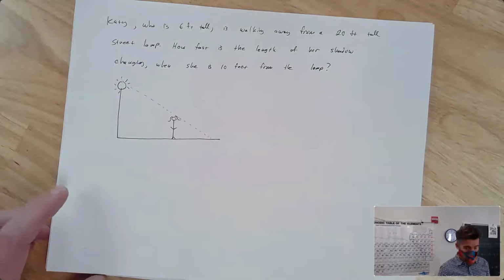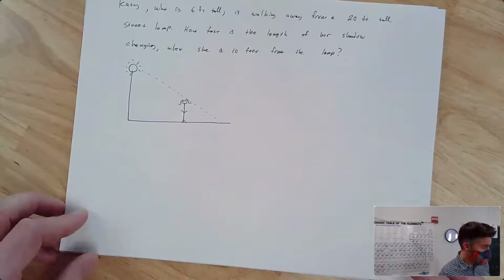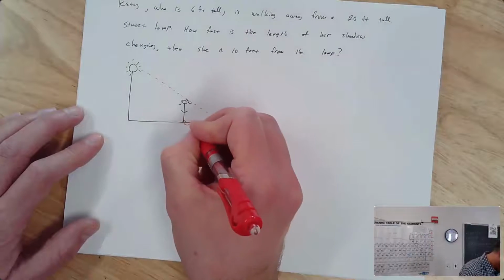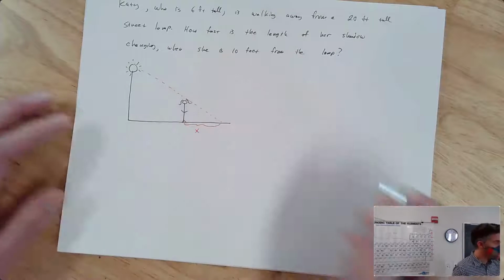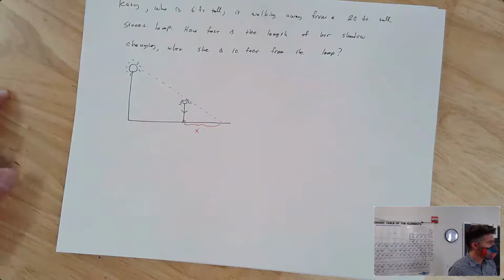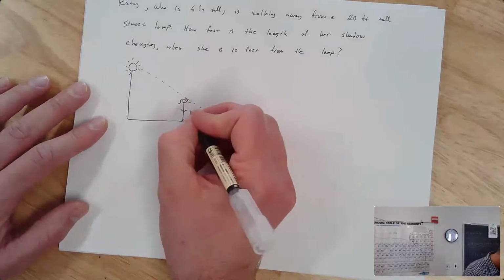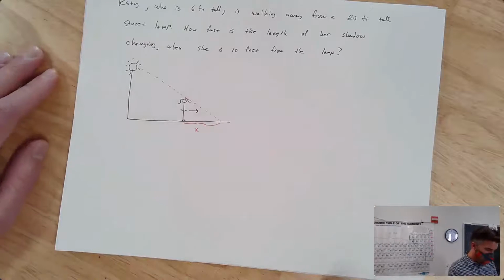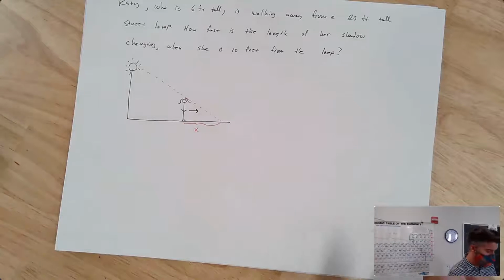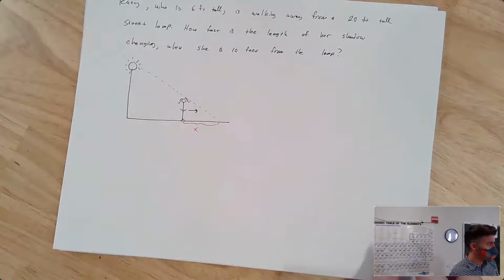The thing we're interested in is the length of her shadow, so we should give it a variable name. But we also know that she is walking away from the street lamp. Do we know how fast she was walking? That's an important piece of information we need to know.